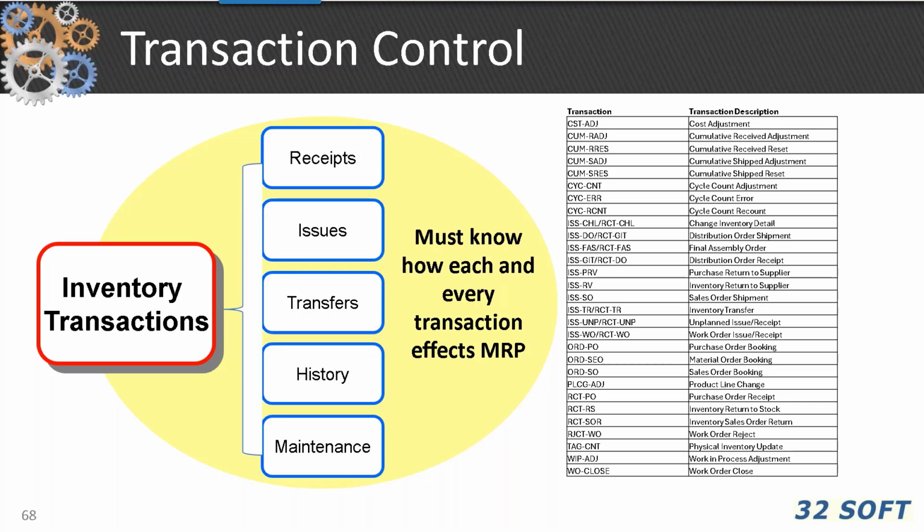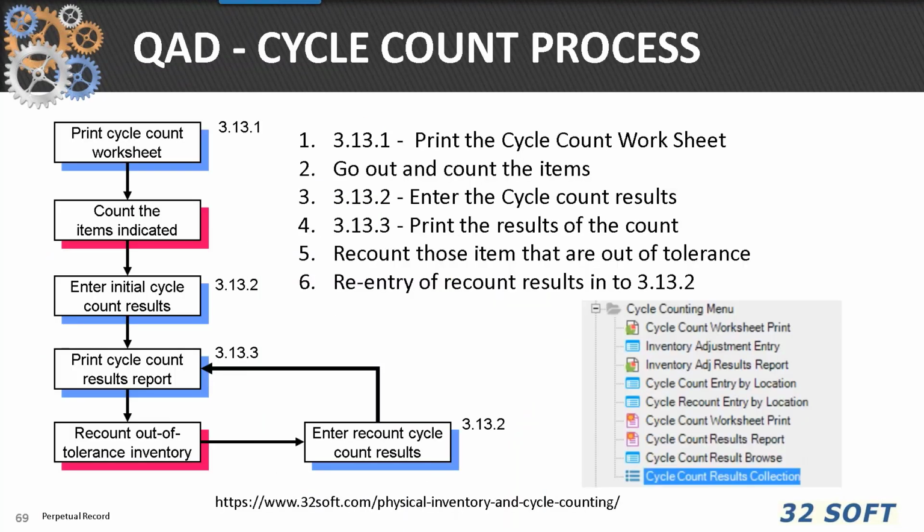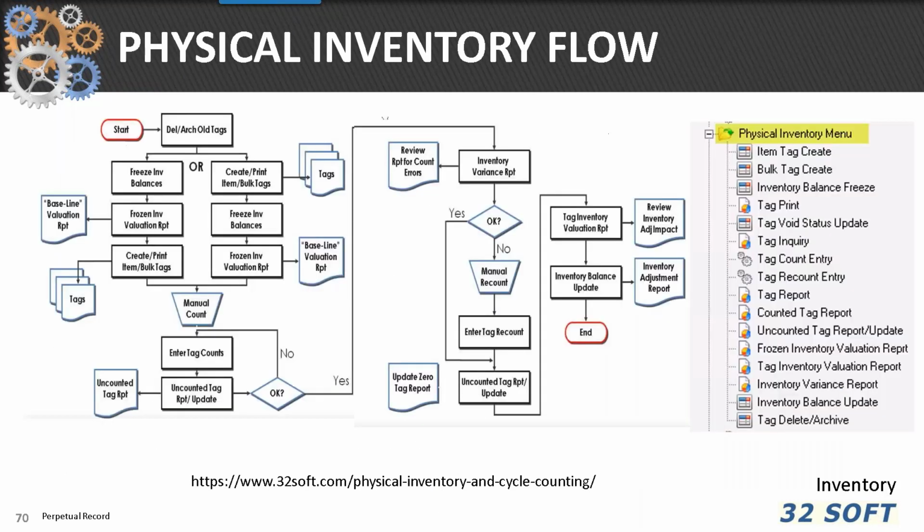Cycle counting is the process that ensures the 100% accuracy of the perpetual record. There's another webinar out on the 32Soft website as to how to do physical inventory and cycle counting. Physical inventory may be required based on external considerations, counting, audits, those kind of things.